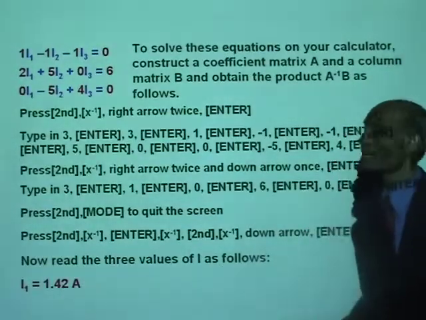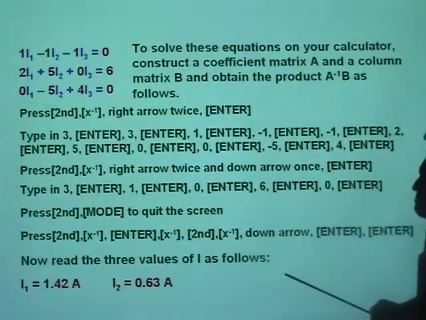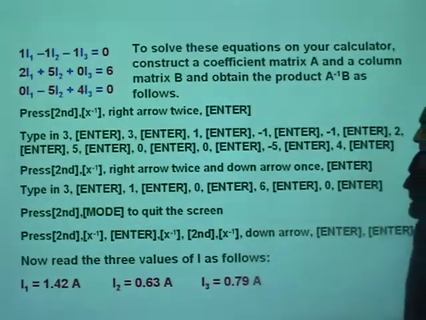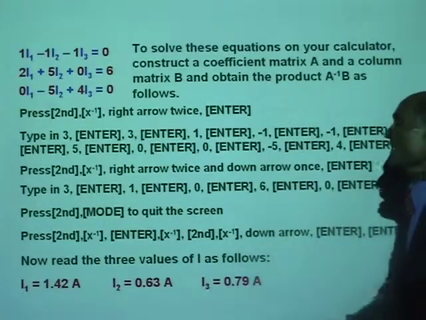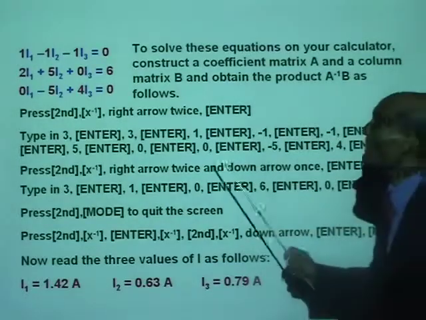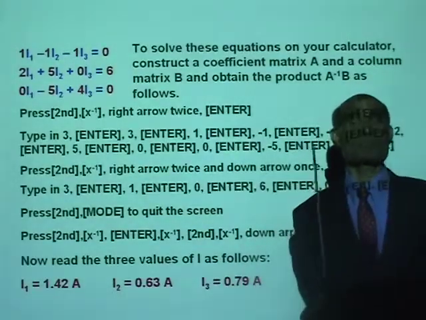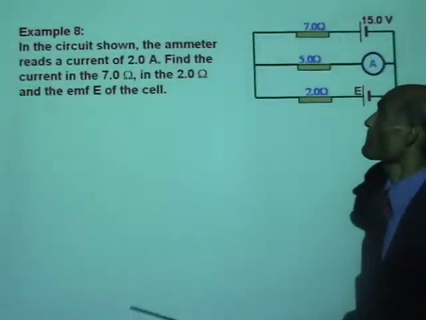So I1 equal to 1.42 ampere, I2 equal to 0.63 ampere, and I3 equal to 0.79 ampere are the values of I1, I2, and I3. That's a very neat way to solve the problem. Alright? Let's do another problem.